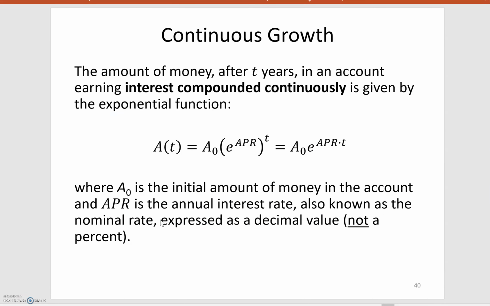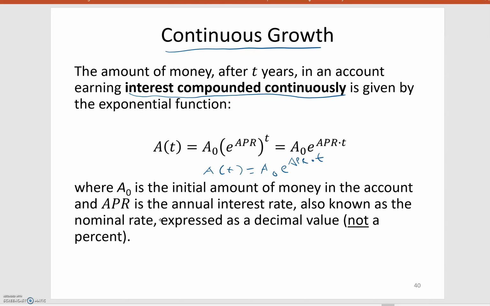So this is an example of what we call continuous growth. When we're talking about a continuous growth situation, in other words, interest compounded continuously, we basically have a new model, and the new model is given below. In short, this would just be A of t equals A sub 0 e to the APR times t.